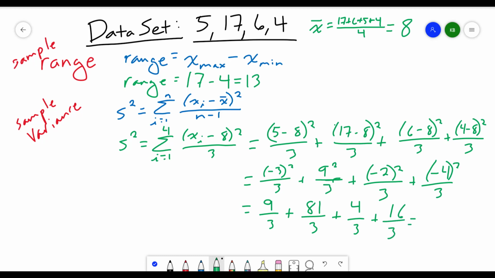If I add all of this up, I get 9 plus 81 is 90, plus 4 is 94, plus 16 is 110, divided by 3. And when I do that division, I get 36 and 2/3.